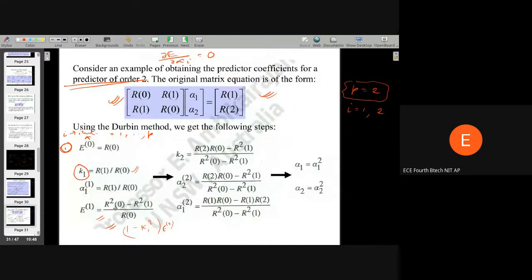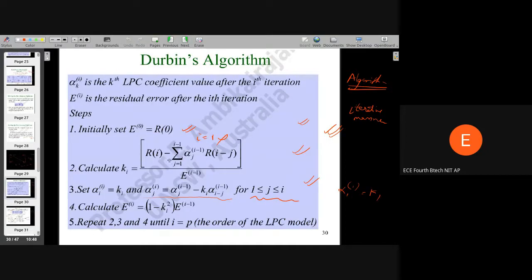Now the second iteration. And remember, the iteration will continue till the number of coefficients. So K2 will come. For K2, R2 minus the sum over j equal to 1 to 2 minus 1, that means j equal to 1.